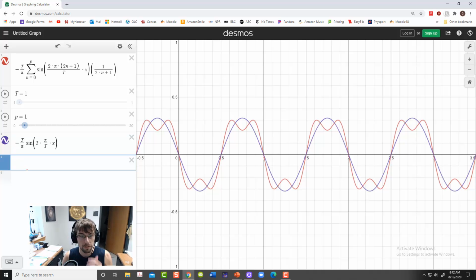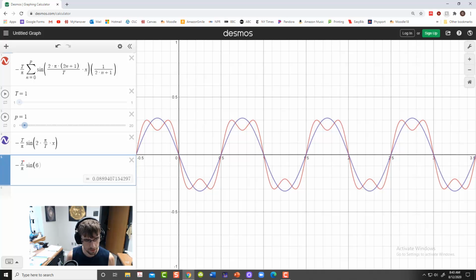So the blue wave represents the sine function. You can see that it's a little bit underestimated on the sides and just slightly overestimated in the middle. So when you add this next term to it, this negative T divided by pi, sine of, now instead of 1, we have 3.